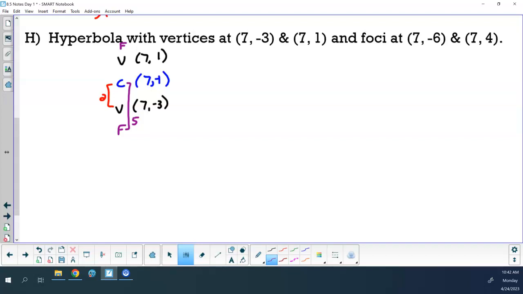Formula for the general form, I should say, of an up-down hyperbola: is it x squared or y squared first for an up-down hyperbola? Y squared first.